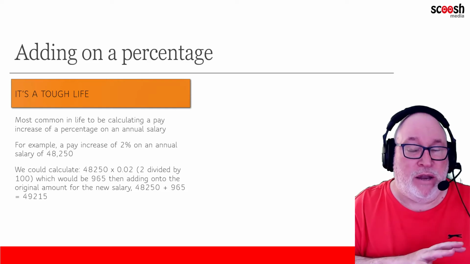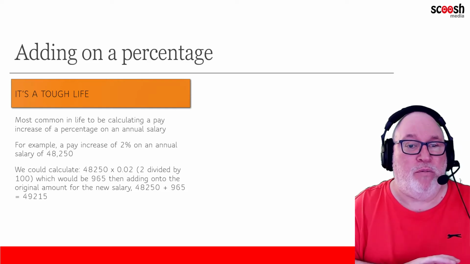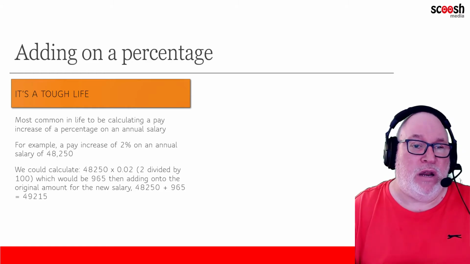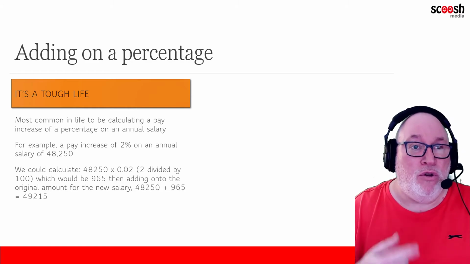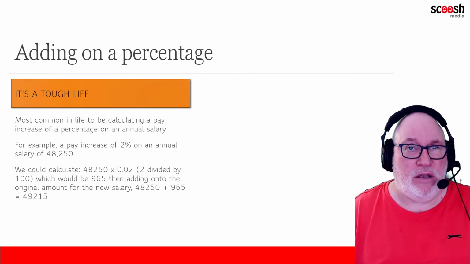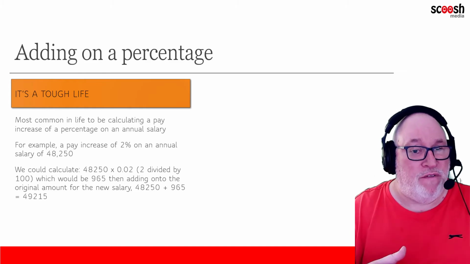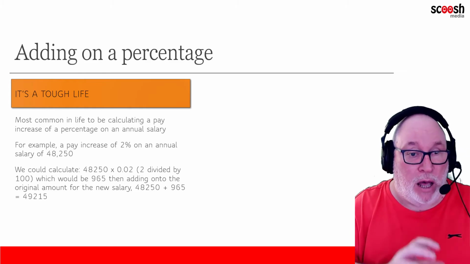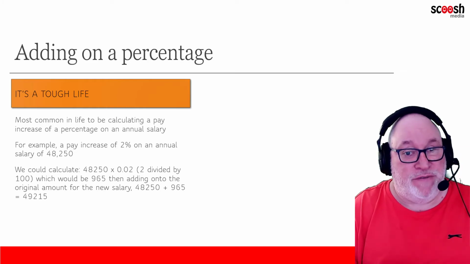So we worked out the percentage value, the amount for the percentage. We then add that back onto the original amount to find out the new annual salary. That's long-winded if we just want to work out the new annual salary. If we want to find out the 965, the 2% amount, then yes, that's fine.